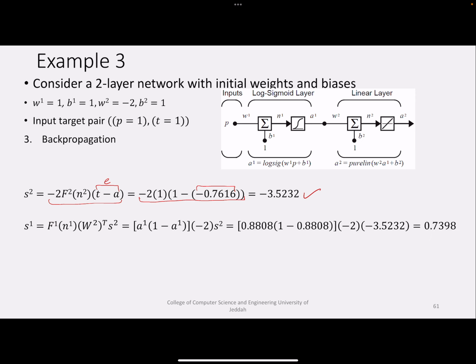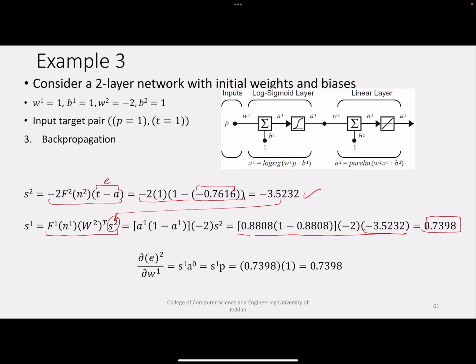Based on that, find the sensitivity for the first layer using the sensitivity of the second layer. So that goes over here. Evaluate, and you get 0.7398. Partial derivative of error is 0.7398.